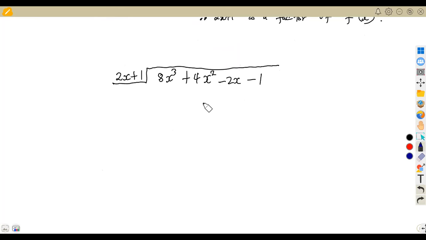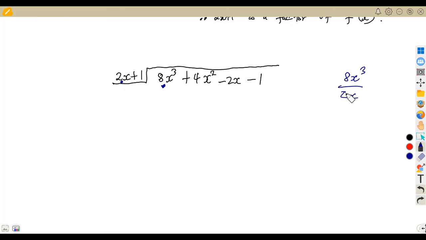So let us divide. How do we divide? Always the first term versus the first term. 8x cubed divided by 2x cubed gives 4x squared.